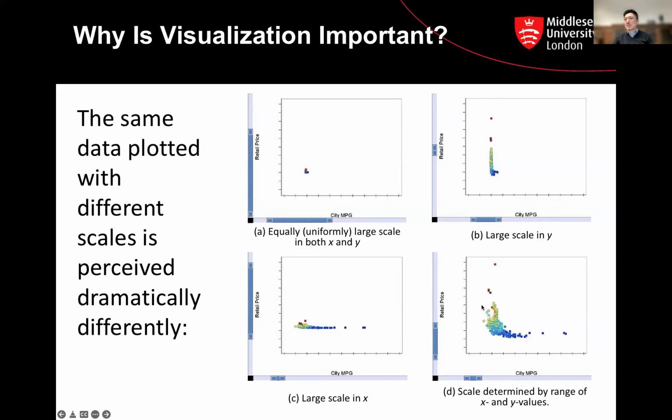And so in some sense, this one, this one, and this one don't really give you very accurate information about how these cars are distributed, and it's purely because of how the x and y scales are set. This is probably the more realistic, or more useful, information about the distribution in terms of price and fuel efficiency.